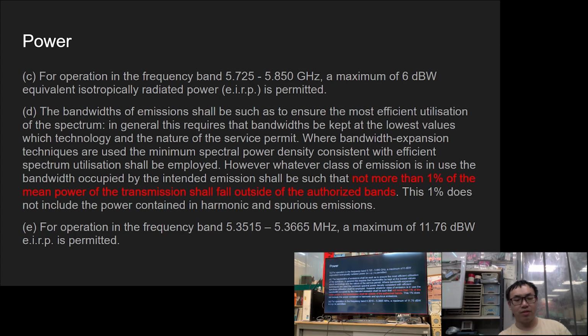Another band, for very low frequency, 5.35 to 5.3665, you can only use 11.76 dB watts EIRP. So ERP is different from EIRP. You will see that in your license.